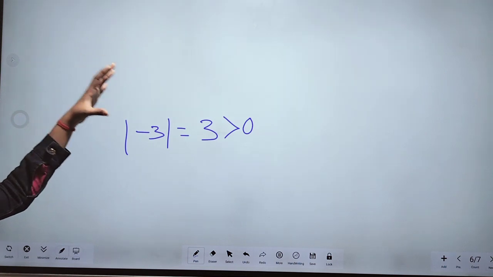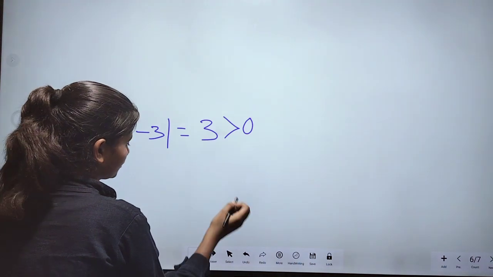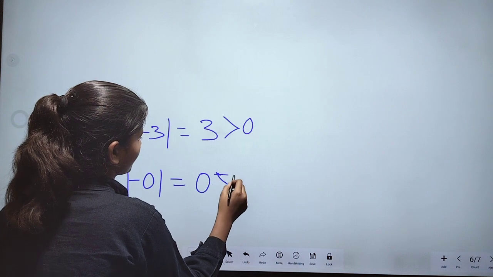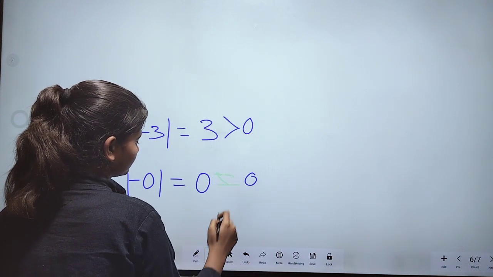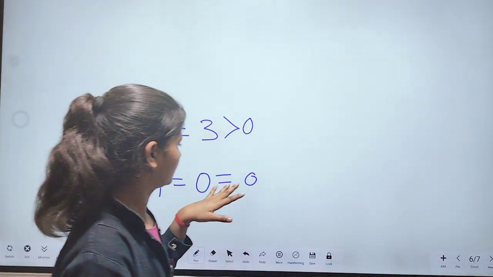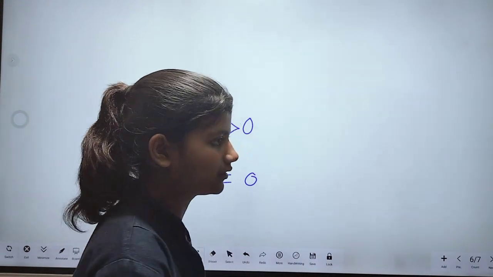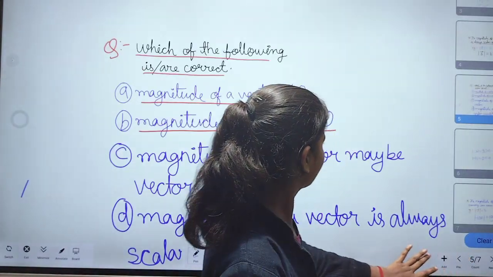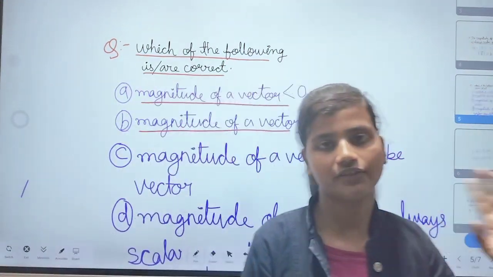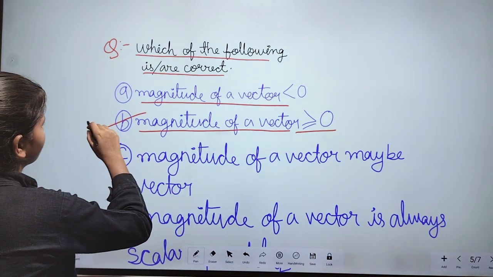So the magnitude of a vector quantity is greater than or equal to 0. The magnitude of a vector is not less than 0. So this option is correct.